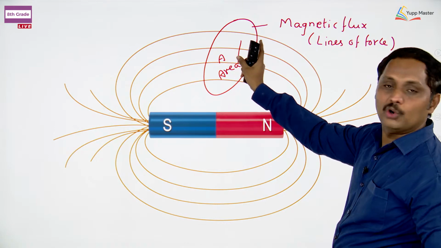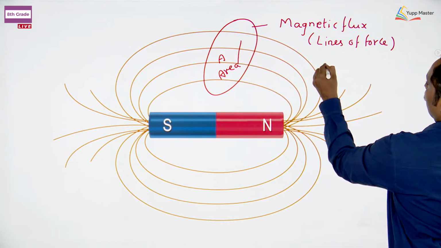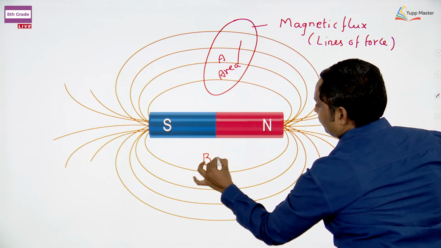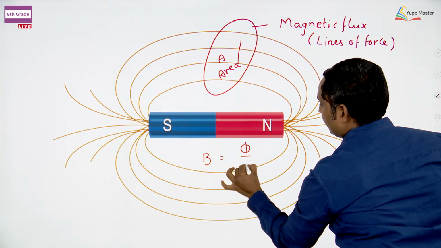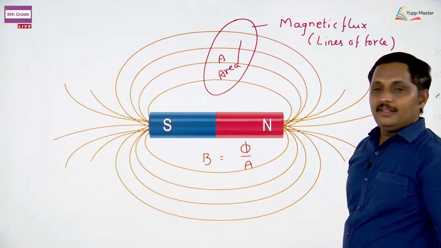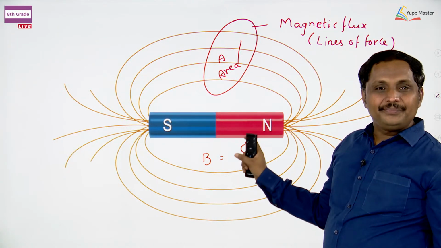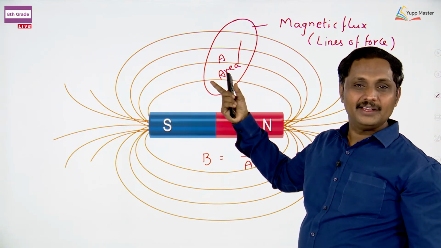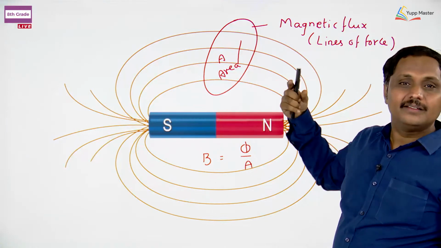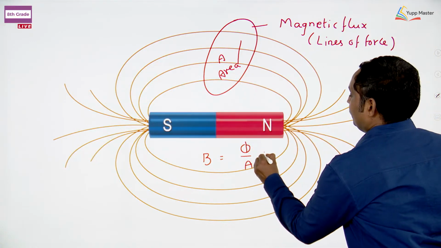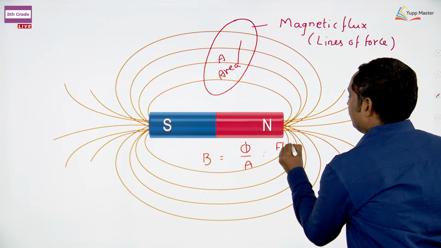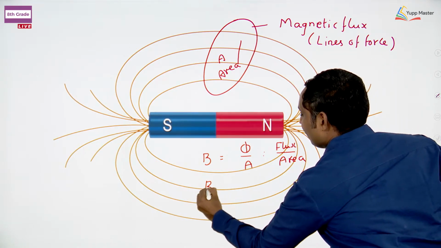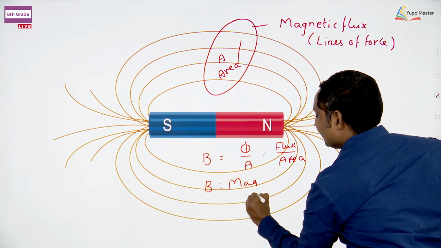Let us assume 4 lines are there in that area. So you can measure the magnetic field induction B is equal to phi by A. In a limited area, if the flux is more, then the magnetic field induction is more. So this is flux by area. What is B? Magnetic field induction.